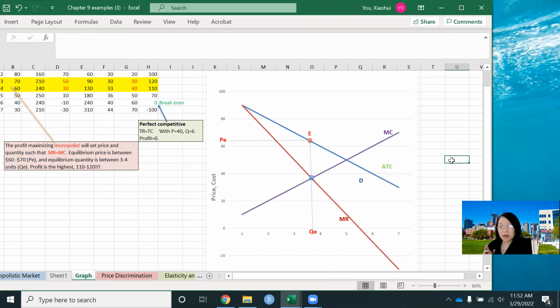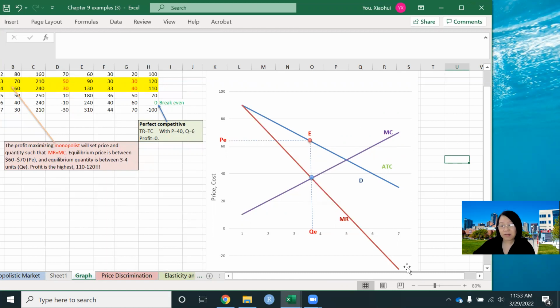So where is the profit maximizing point for a monopolistic market? This is knowledge you need to remember: when MR equals MC. In the monopolistic market, the firm will choose to produce at the point where MR equals MC.